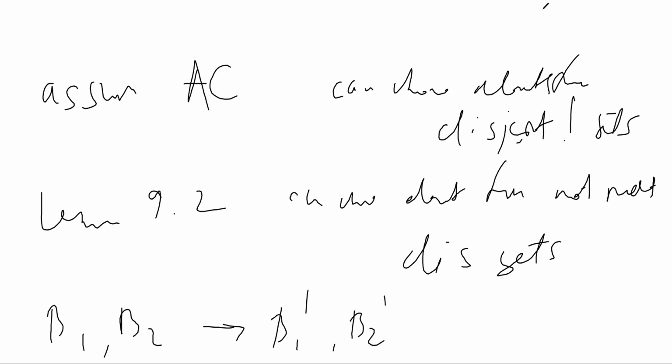The function would be a subset of the Cartesian product. Yep, and we know that this B prime is always a subset of the Cartesian product. Okay, so does anybody know what we're gonna do next?